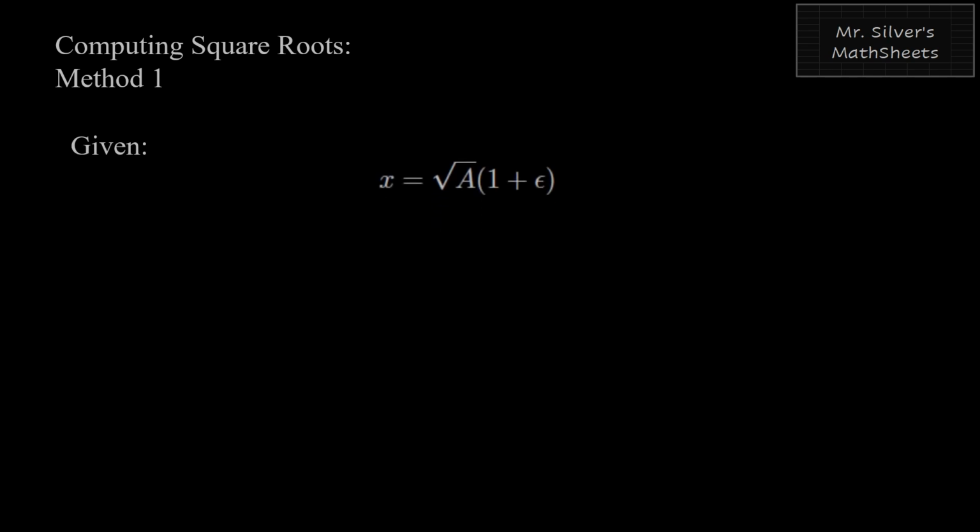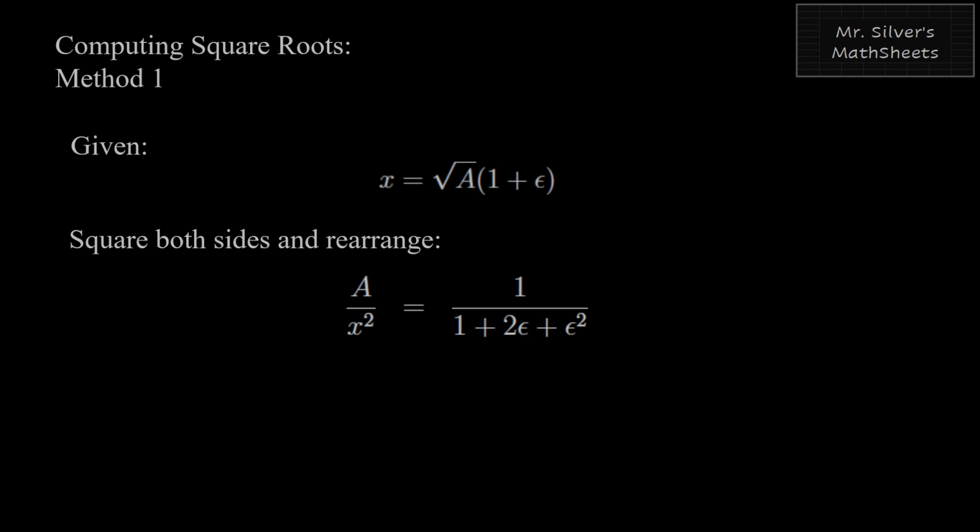So method one, we start with x is the square root of a with some error. We multiply each side, we rearrange so we put the epsilons in the denominator, and we divide out a few terms. Now that's not 1 minus epsilon, but we can make it that way.